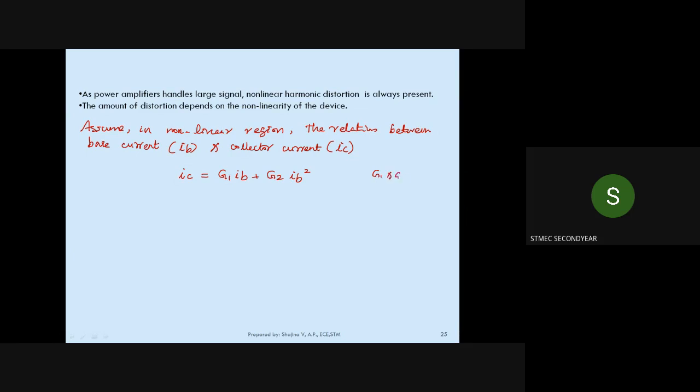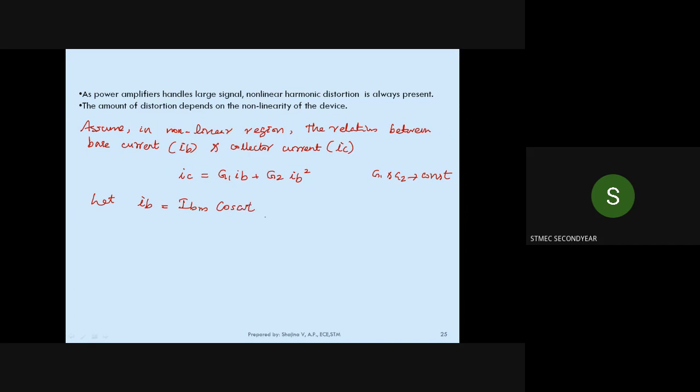Okay, where G1 and G2 are constants, so we can say this relation between IC and IB will be non-linear. So in non-linear region, IC can be written as G1 into IB plus G2 into IB square, where IB is the base current and IC is the collector current. Okay. And now let the input IB be a sinusoidal signal given by IBM cos omega t.